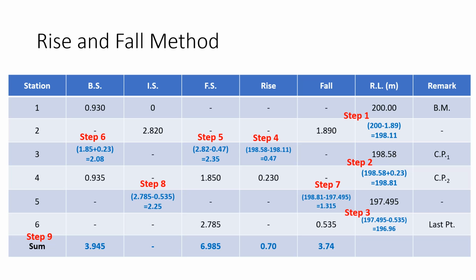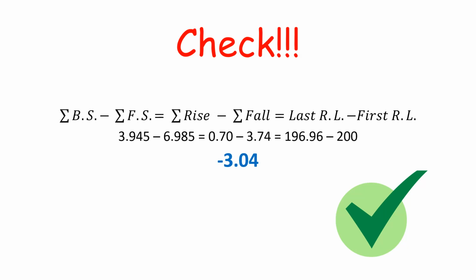Even though you are doing horizontal calculation, the sum is a very important thing to remember in the rise and fall method. So now we sum up all the BS, FS, rise, and fall to get the check. Check! Remember again what the formula is?